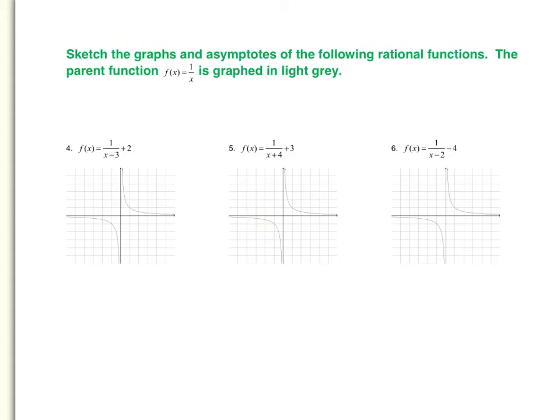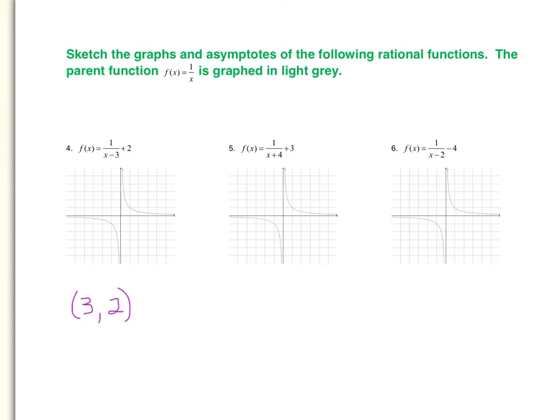So if I look at my first one, number 4, where it says f of x equals 1 divided by x minus 3 plus 2, my h value is positive 3, and my k value is positive 2. So that tells me where the intersection of my asymptotes is going to be.